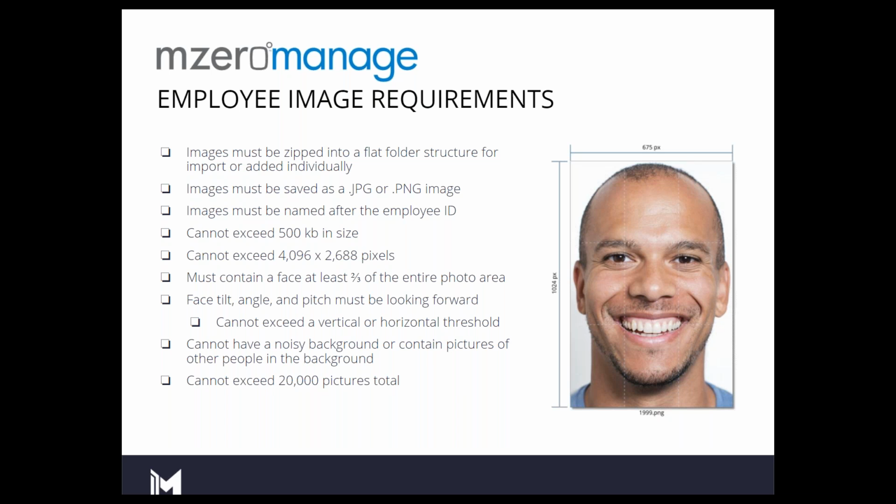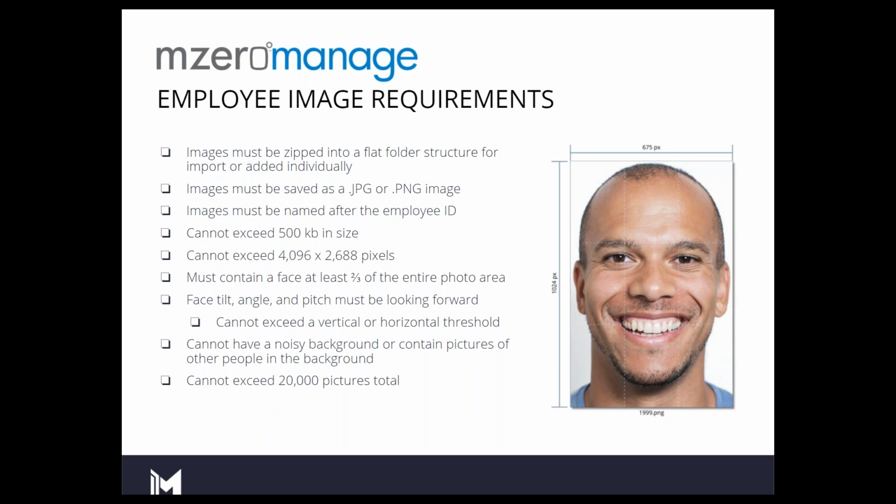It's going to be happy. No tilting of the head, no looking sideways, no glamour shots over the shoulder. It should be a very simple forward-facing photo, eyes level with the lens of the camera that's taking it, looking straight into the camera. Currently, right now, only JPEGs and PNG, portable network graphics, are the accepted image types.